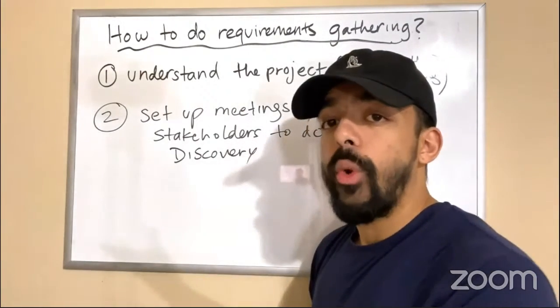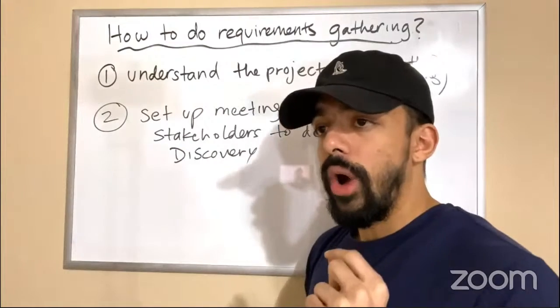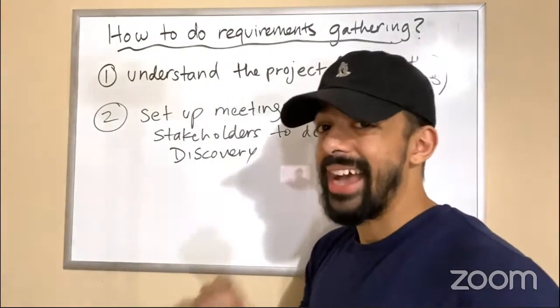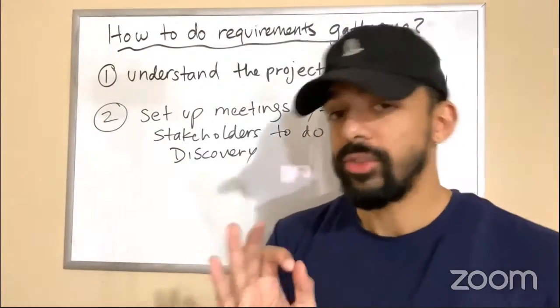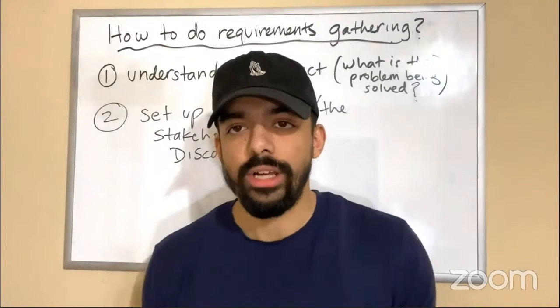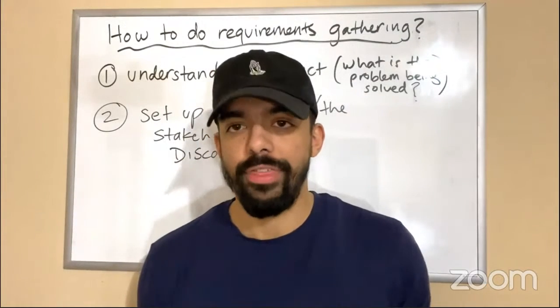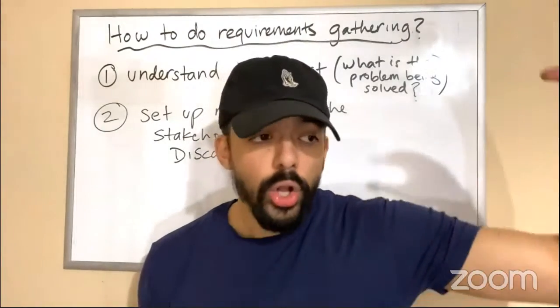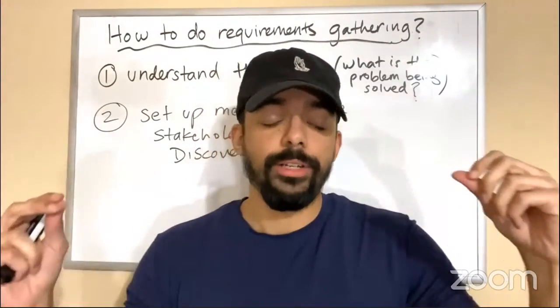Now the question becomes, what are these specific changes? As the BA, you need to ask the right questions. You need to make sure that no stone is unturned. Ask everything about the requirements. I'll use the example of the screen.